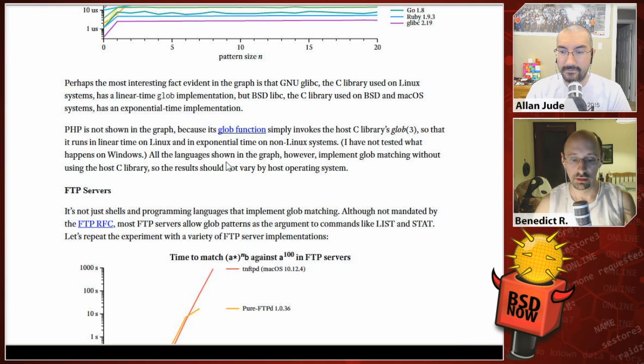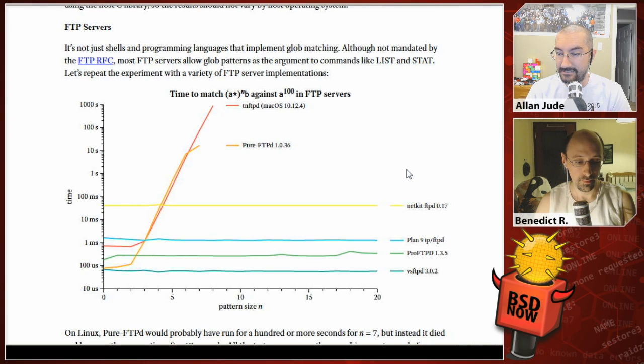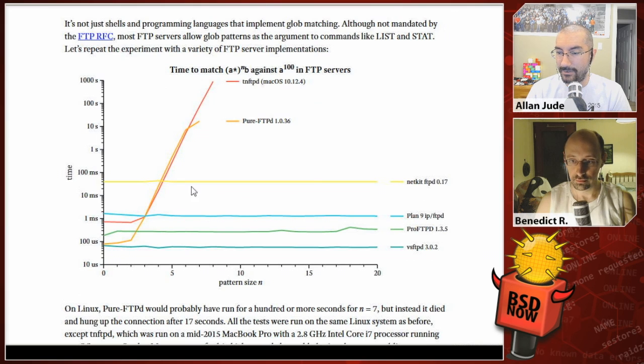Okay. Then they looked at different FTP daemons to see what they did, and found that VSFTPD, ProFTPD, Plan 9's FTPD, and Netkit all ran in linear time, whereas Pure FTPD and TNFTPD ran in exponential time, although Pure FTPD cuts off early.